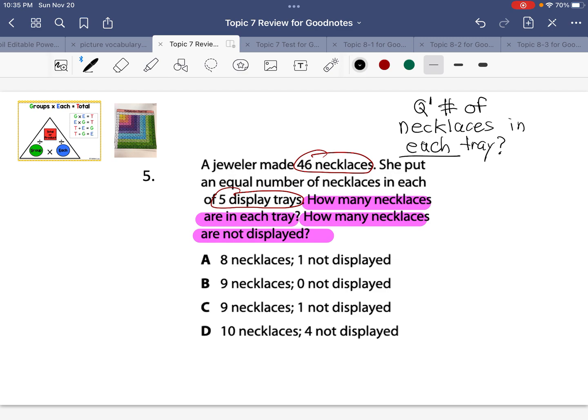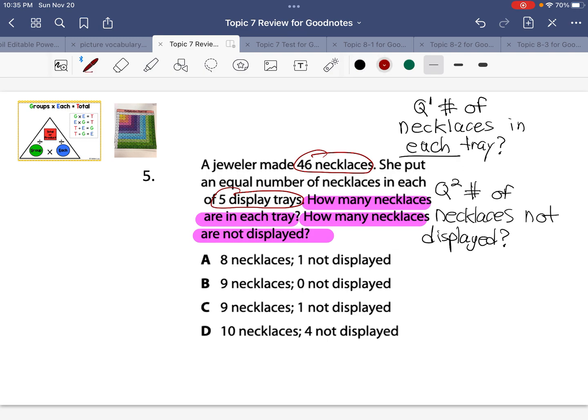I'm going to underline that each. My second question is number of necklaces not displayed. Okay.